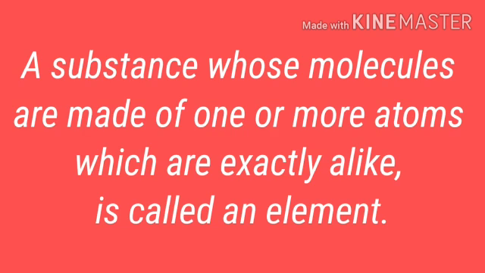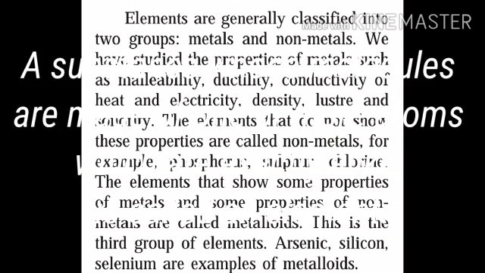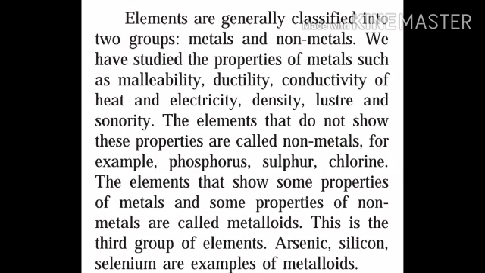Democritus named the small particles of elements atoms, from the Greek word atomos. John Dalton used certain symbols to represent elements, and Berzelius used the symbol of an atom written in English script.